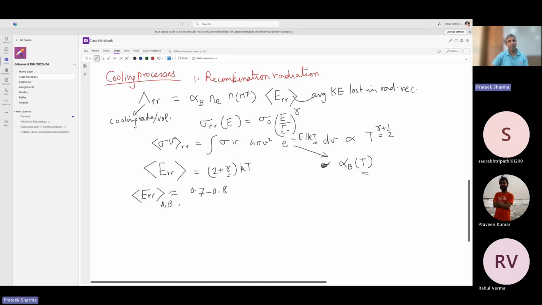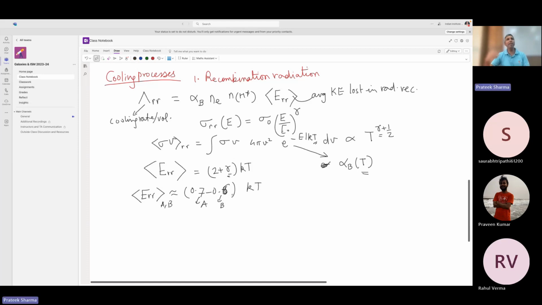It's 0.7 to 0.6 actually. So this is for case A, this is for case B. Case B has to be lower, because some of that energy is not lost, whereas in case A, even the transition to 1s, that energy is lost. So it has to be higher times the kT. So what does it say?